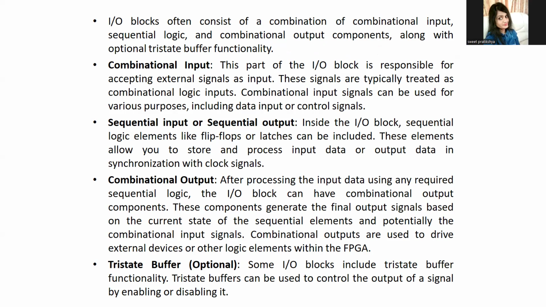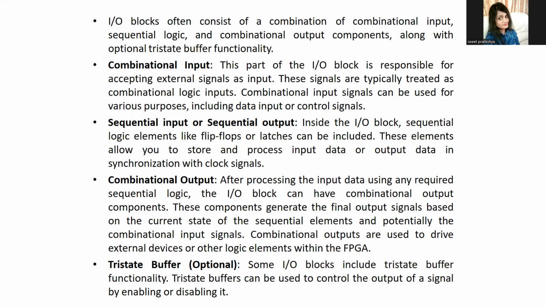These signals are typically treated as combinational logic units. They can be used for various purposes like data input or controlling the signal. Apart from that, we have sequential input or sequential output. Inside the input output block, sequential logic elements like flip-flops or latches can be included. These elements allow you to store and process input data or output data in synchronization with the clock signal.